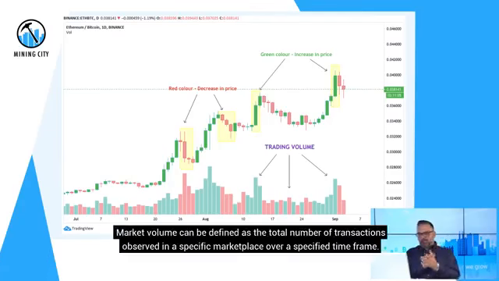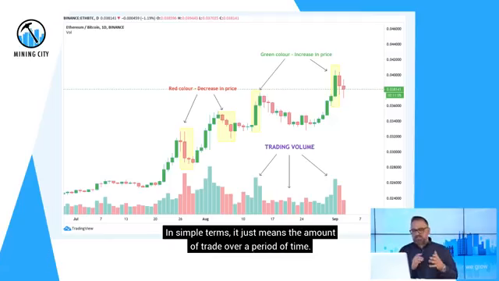So, market volume can be defined as the total number of transactions observed in a specific marketplace over a specified time frame. In simple terms, this just means the amount of trade over a period of time.